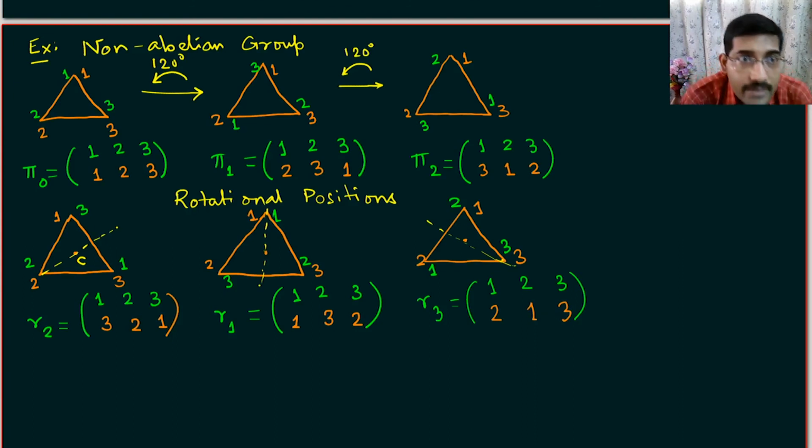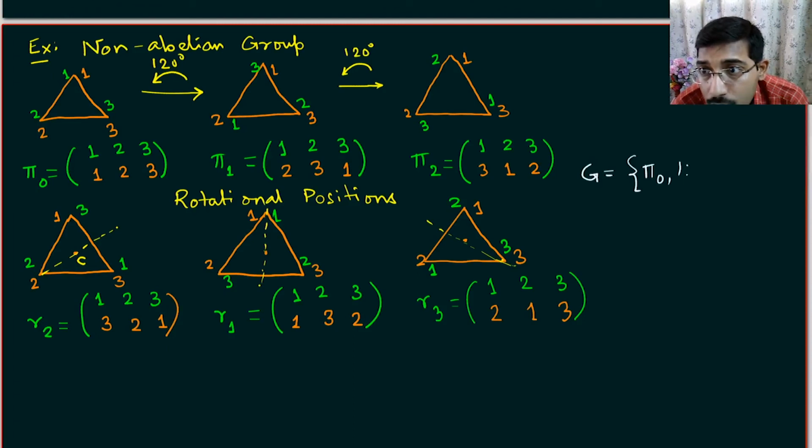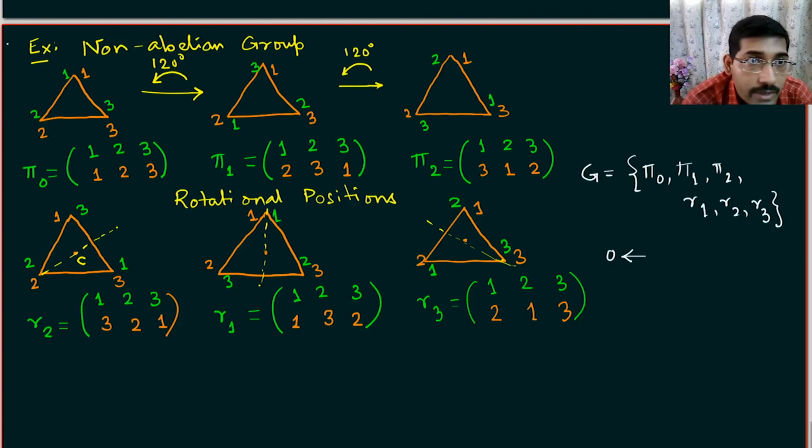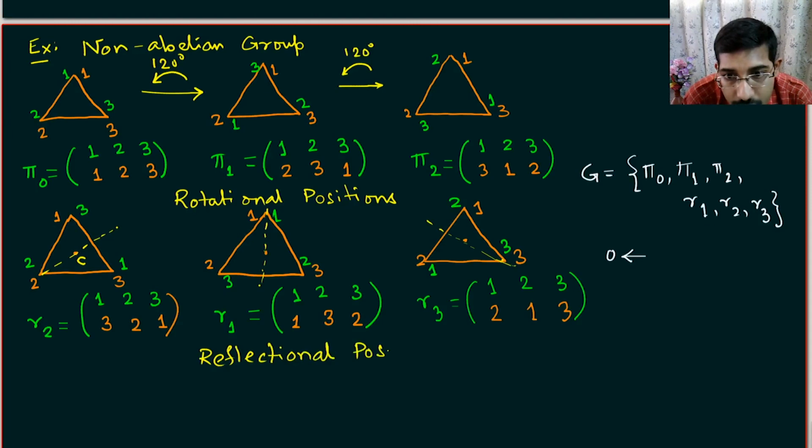Now what I claim is that I will form a group with a set of elements like this. My group will be the set of elements pi 0, pi 1, pi 2, R1, R2, R3. The second kind of operation that I discussed is called the reflection, so it is reflectional positioning.